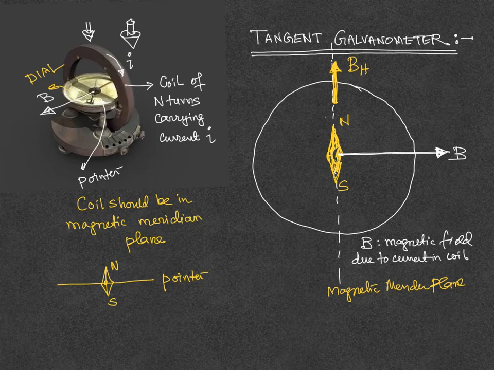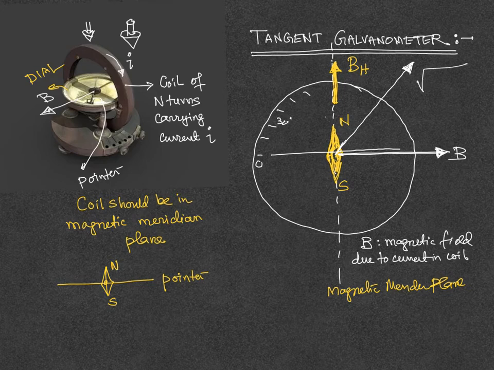By the way, the pointer is this. The pointer is this way and this is 0. There are some graduations of these angles, say 0, this is 30 degree, 60 degree, like that. So as the magnet rotates, the pointer will also rotate. Now let's see. After you switch on current in the coil, the resultant magnetic field will be in this direction, right?